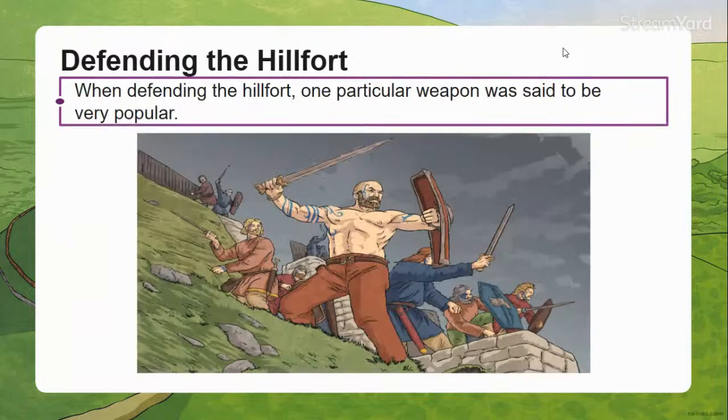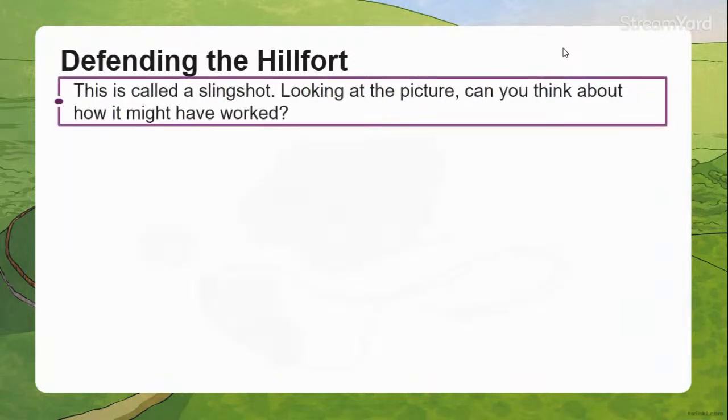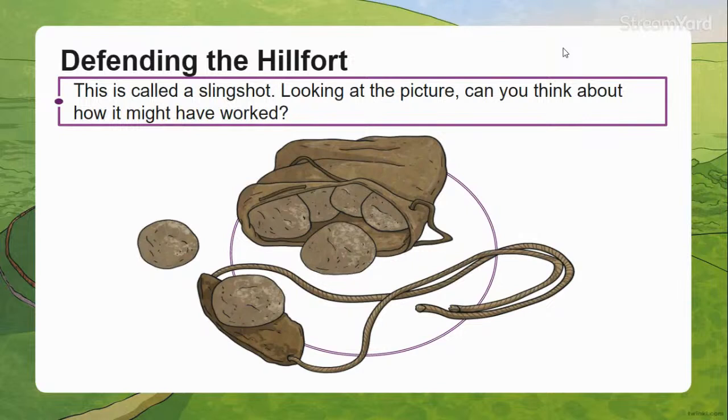Well, one particular weapon was deemed to be the most popular way to defend a hill fort, and it's a slingshot. So how does a slingshot work? Looking at this picture, I'm sure it's a very simple thing. I'm sure you've worked it out, but you have two bits of thread and then a bit of usually animal skin, and then you have some big stones and you hold onto the string and you can fling it at people.